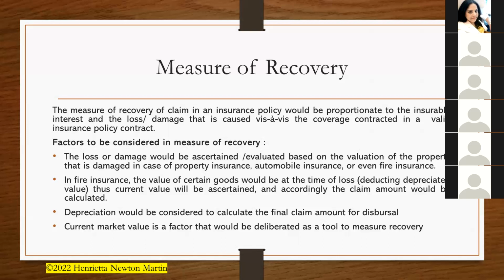Next, current market value is also a factor that would be deliberated as a tool for measuring recovery. Of course, it would be the extent of loss or damage. Next is the value of the goods at the time of loss, the current market value, as well as depreciation.